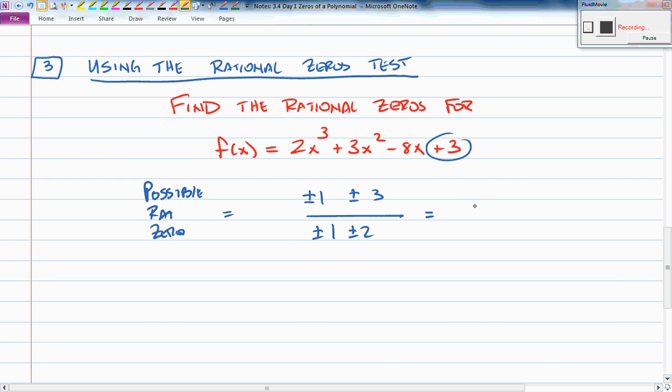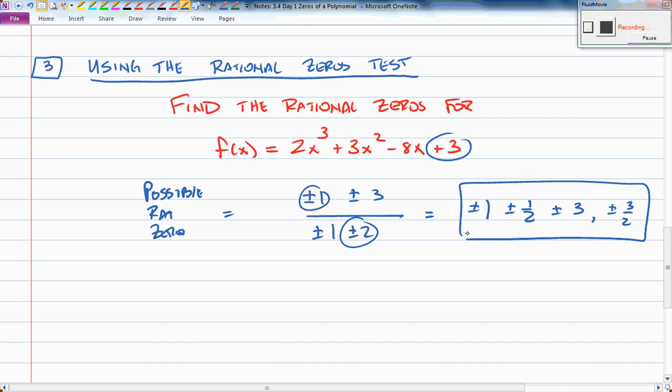So I could have plus or minus 1, plus or minus 1/2 when I take that divided by that. I could have plus or minus 3, or I could have plus or minus 3/2. So this is a good place to start to look for rational zeros.